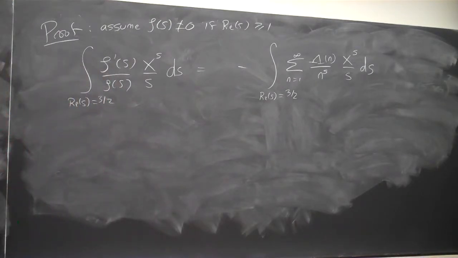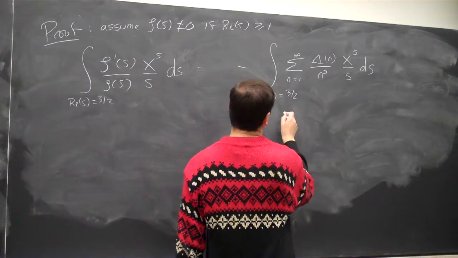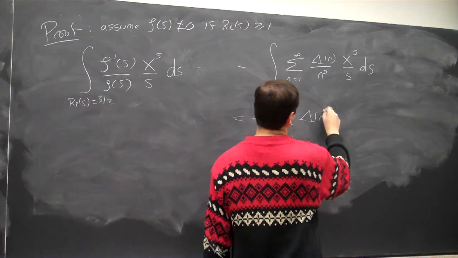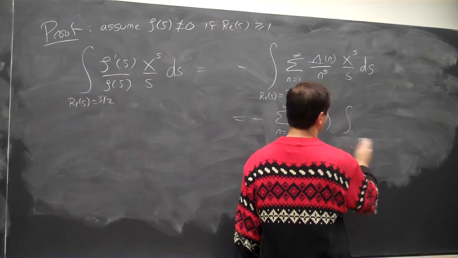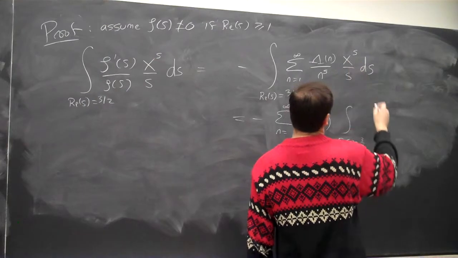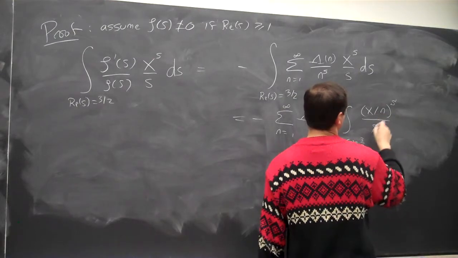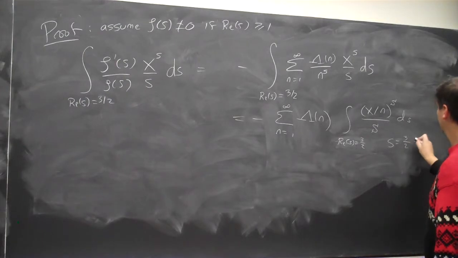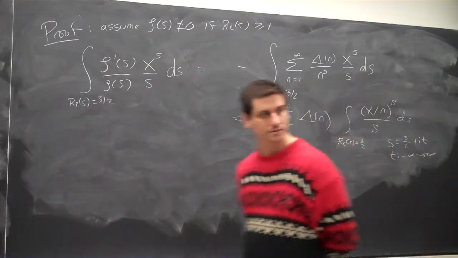We have an integral and we have a sum, so clearly this is the same as negative the sum from 1 to infinity of lambda of n, then an integral over the real part of s equals 3 halves of x divided by n to the s, divided by s, ds. So if you want, think of s as 3 halves plus it, where t goes from minus infinity to infinity.